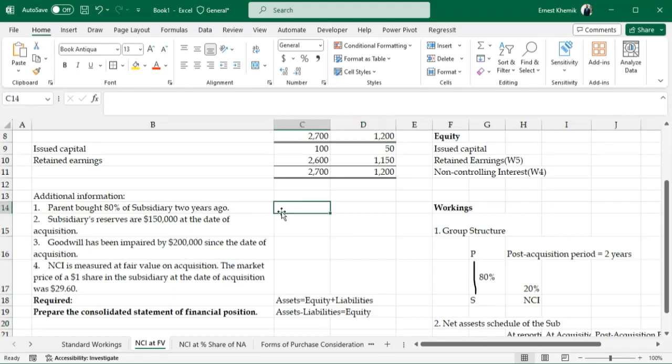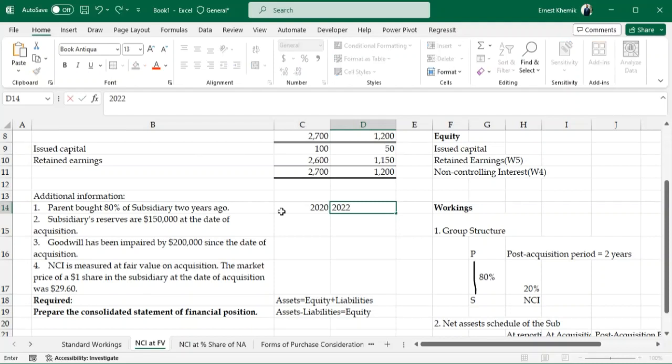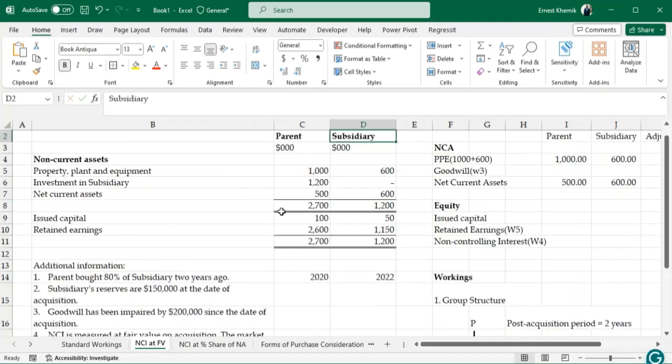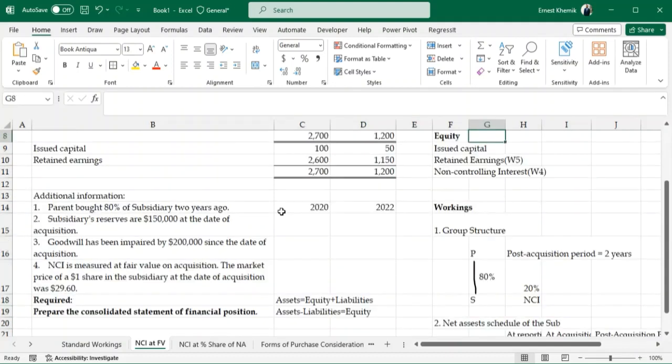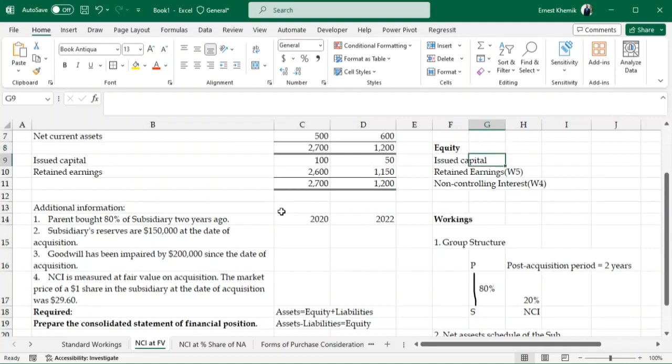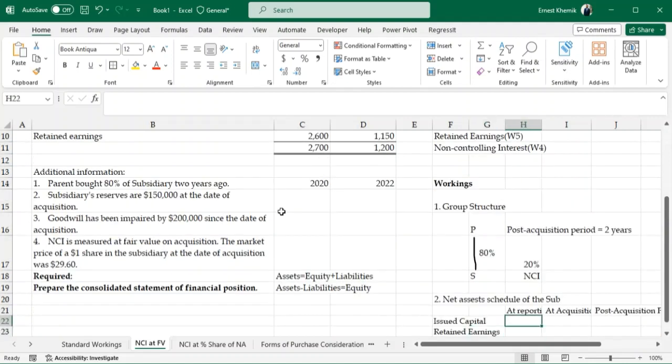So if we say that the business was acquired in 2020, then that becomes the acquisition date. So 2 years after, that becomes 2022. So 2022 will be the date on which this particular financial statement was prepared. So let's come here. The issued capital for the subsidiary is $50,000. So I'll put here 50,000.